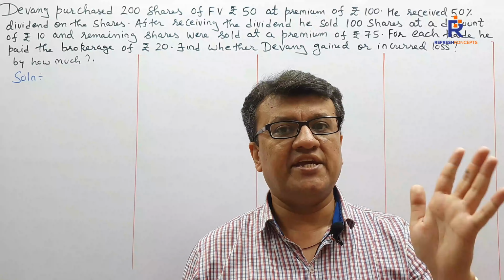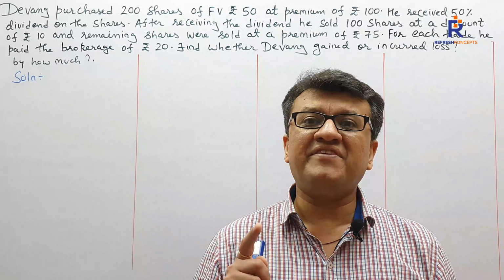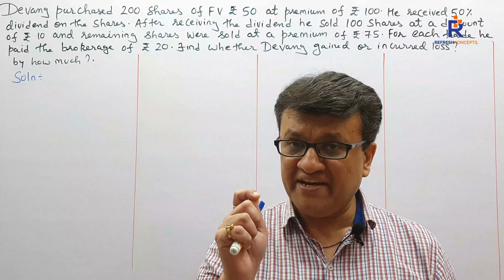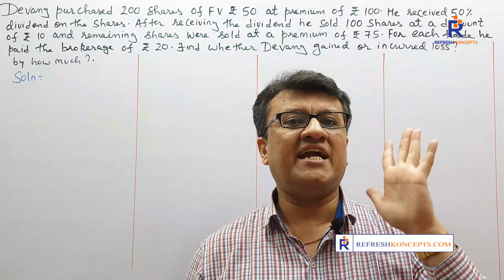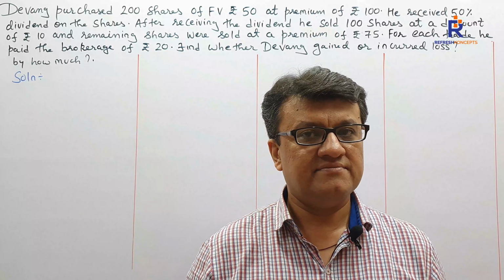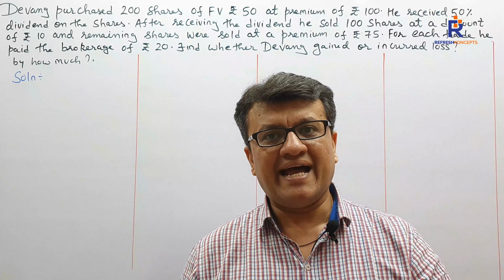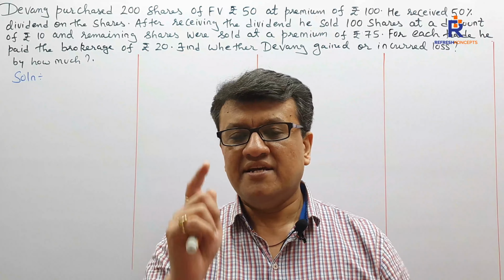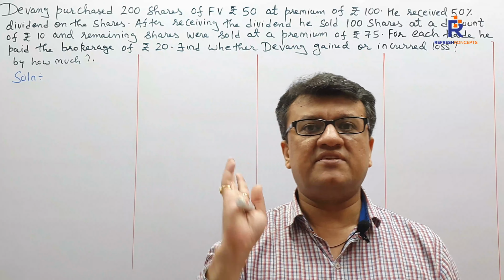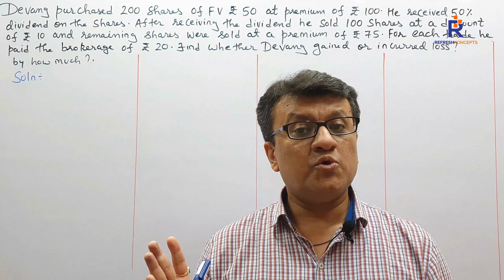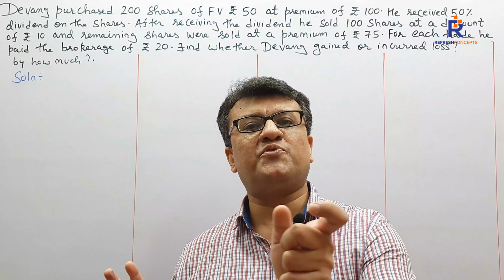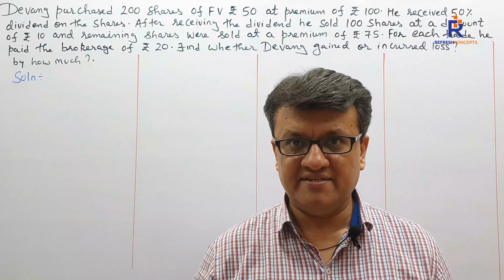So what is the central idea? Moral of the story. Whenever we sell, we subtract brokerage. Whenever we buy, we add brokerage. Keep this in mind. Sell, subtract. Buy, add. Same concept goes in shares and dividend. When we sell off shares, we will get market value minus brokerage minus GST in our hand.